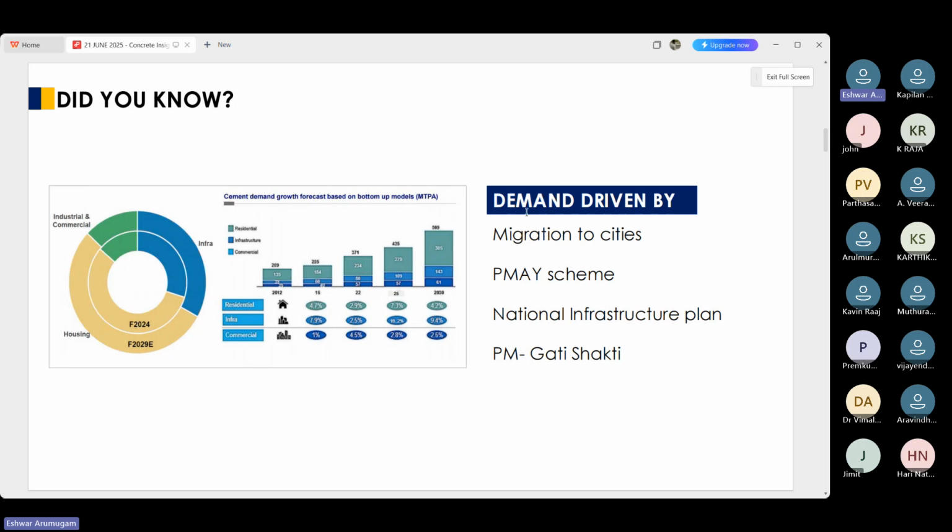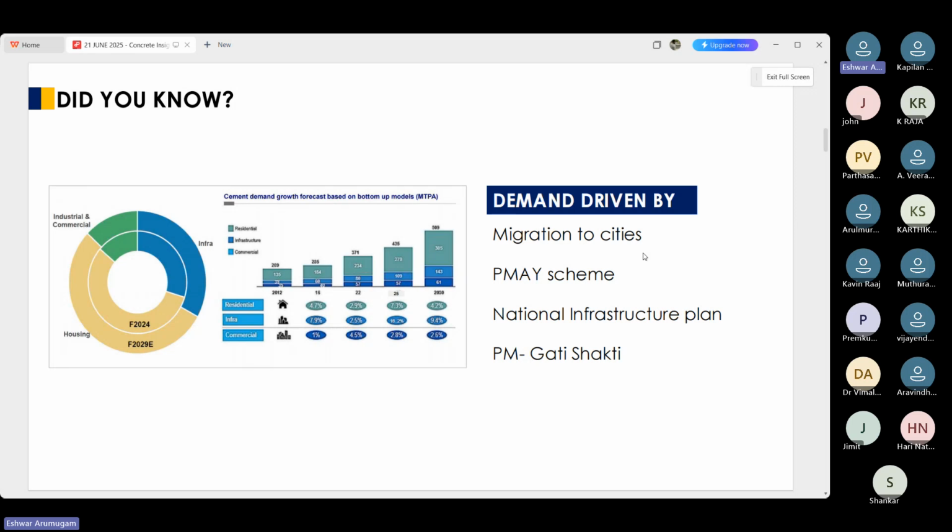For example, urban housing demand is expected to grow at a healthy rate owing to more people migrating to cities. There is a report which states that 40% of India's population will be living in cities by 2030.